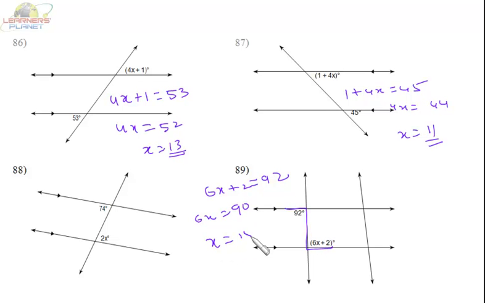That means x is equal to 15. Clear? Here further we see a shape of Z. So 2x is 74. That means x is equal to 37. Clear? They are alternate interior angles and they will be same. So x is equal to 37. I hope you are getting my point.